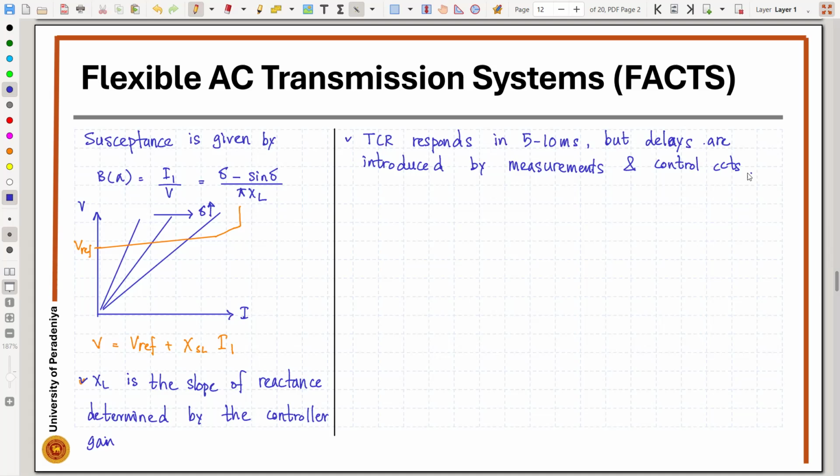So this is the thyristor control reactor. If you want to absorb the reactive power from the network, you can use this circuit. Let's say you have a lightly loaded condition in the distribution line. We all know that when the line is in a lightly loaded condition, due to the capacitive effects, the line end voltage can increase. So in such a situation, we can use the thyristor control reactor.